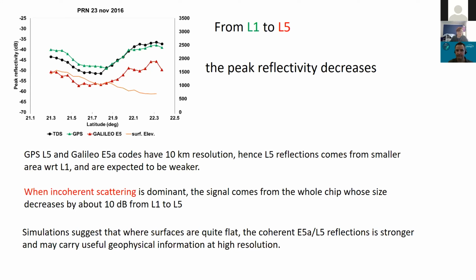And these simulations suggest that where surfaces are quite flat, like for example, in the case of water in inundated areas, the coherent E5 L5 reflection is stronger and may carry useful geophysical information at high resolution.